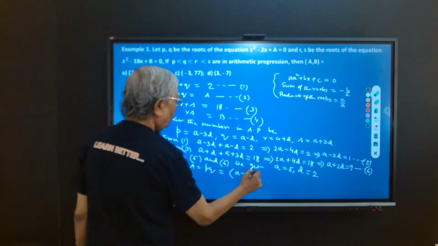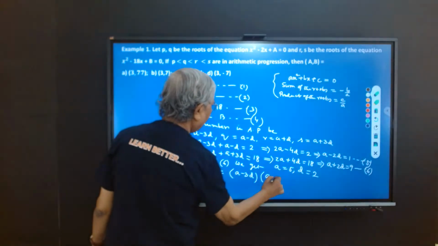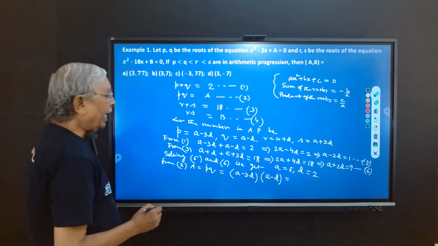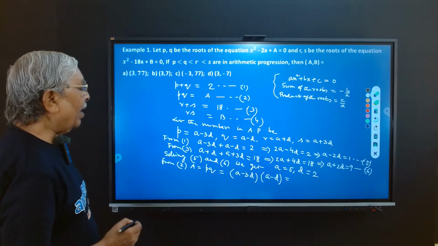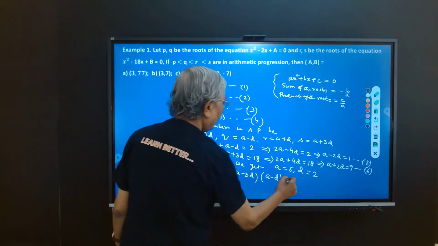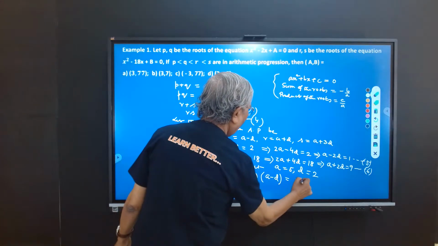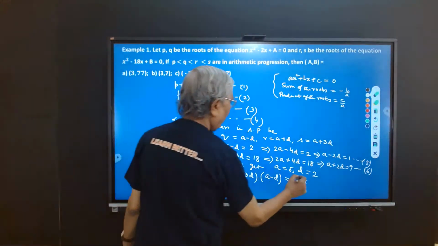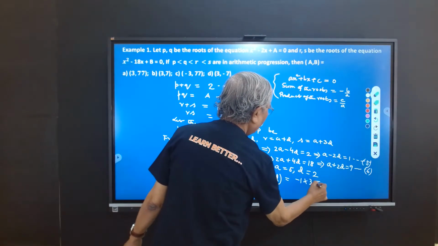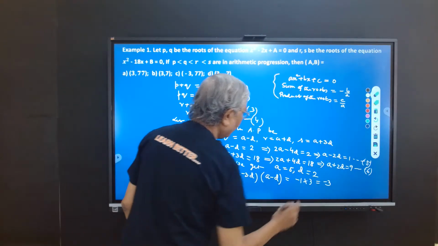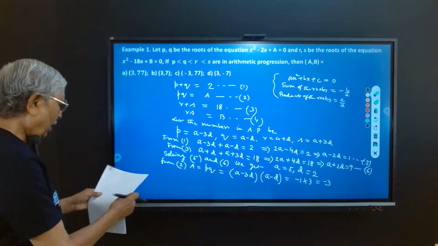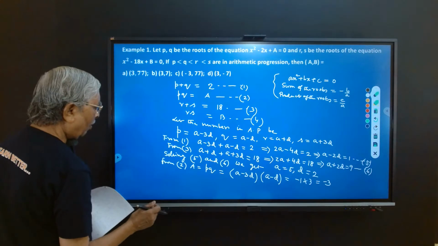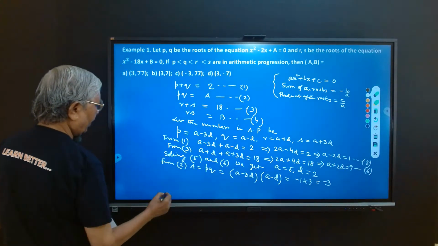What is our q? a minus d. So this is equal to a minus 3d, that is 5 minus 6, that is minus 1, into a minus d, that is 3. This is equal to minus 3. So we have got A is equal to minus 3.